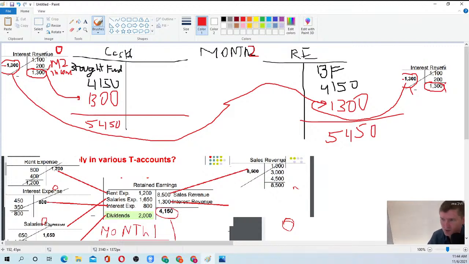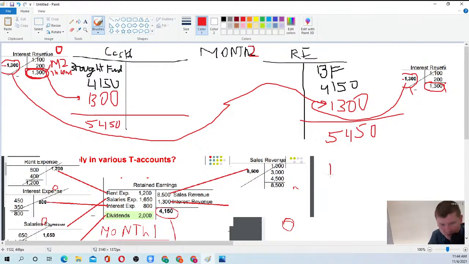So if we imagine a database which makes inquiries, and for example the database makes an inquiry about interest revenue in month 2, that inquiry will pick up the credit turnover of interest revenue in month 2, and it will be 1,300. It will not be 0.